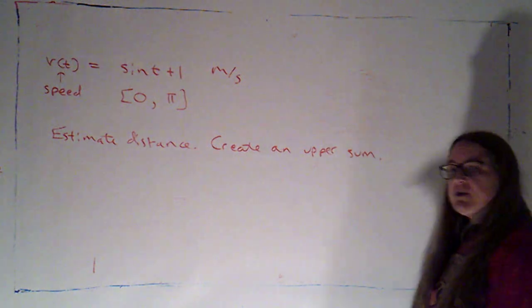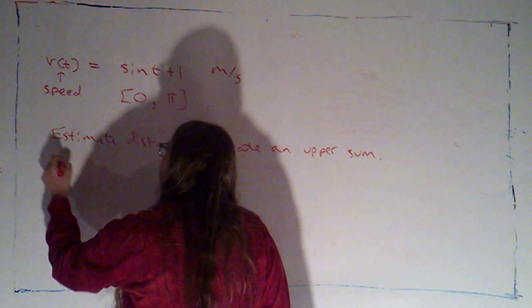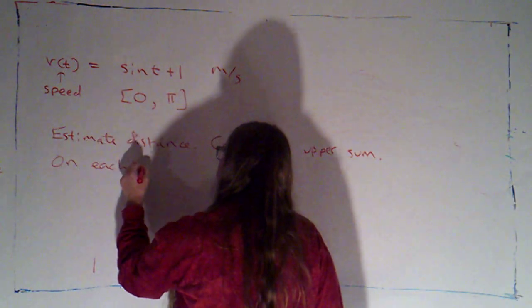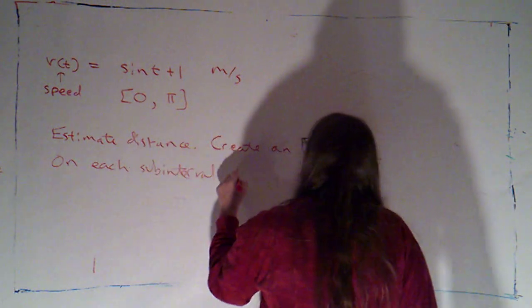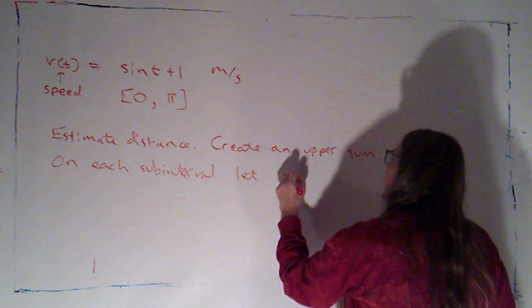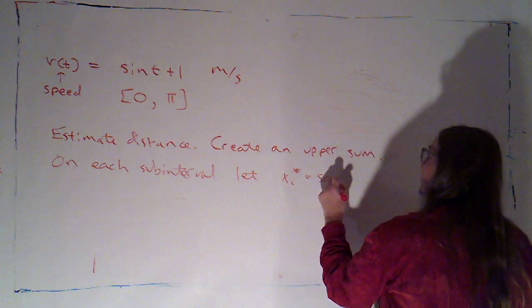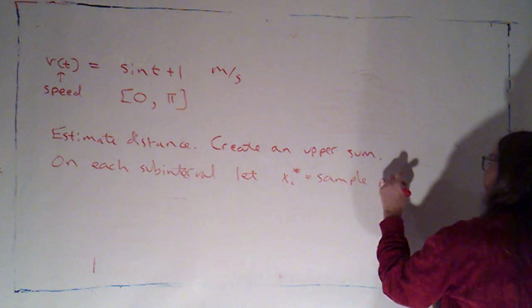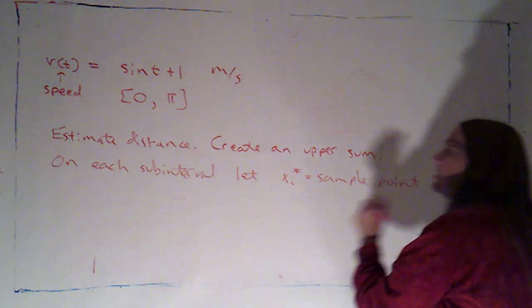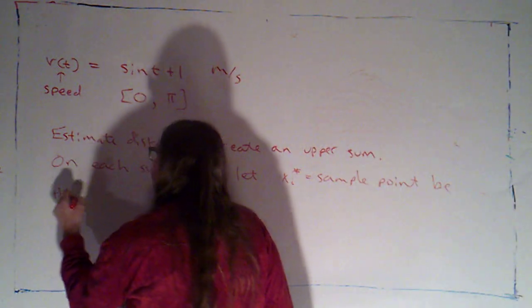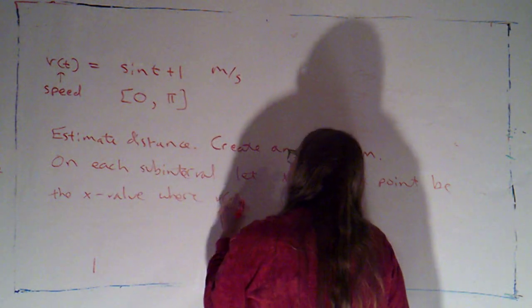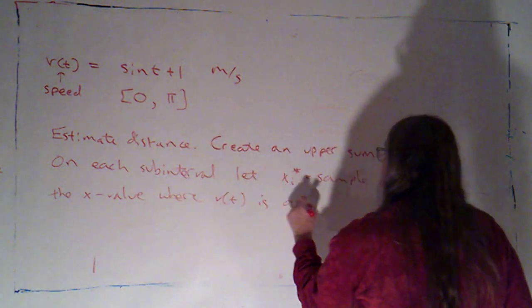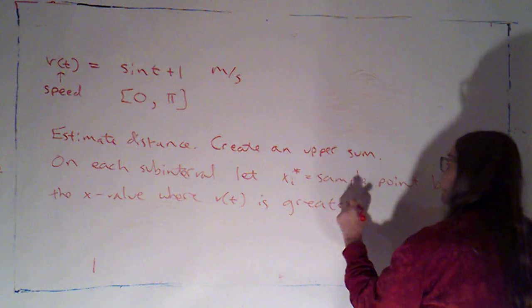And the way I'm going to do that is on each subinterval, let xi star, my sample point, be the x value where v of t is greatest on that subinterval.